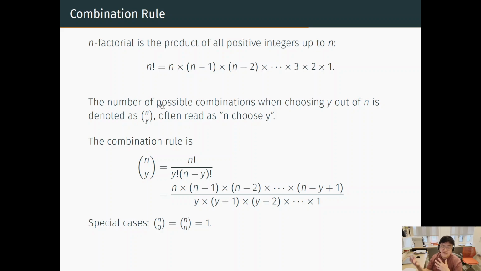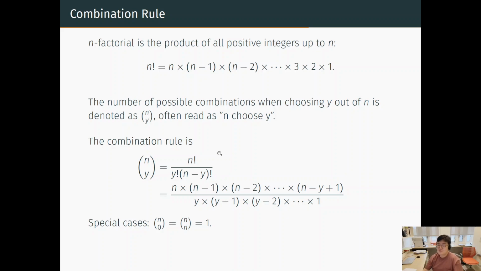Different textbooks and different papers use different notations, but on Wikipedia I found that this is the official American Mathematical Association notation, so I'm following this notation. And then the combination rule is like this. The numerator has n factorial, and the denominator has y factorial, where y is the number of successes, times n minus y, the number of failures, factorial, right?